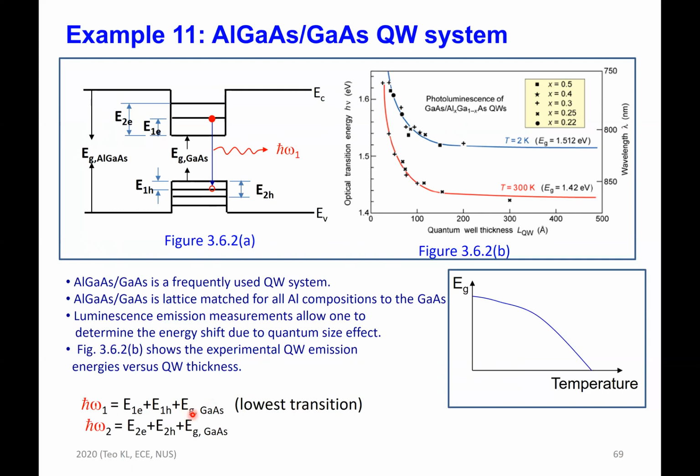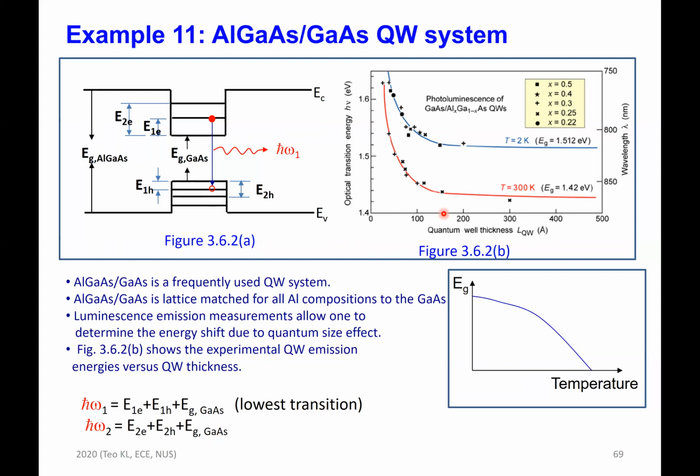If you want the first excited state transition energy, you can go from n equals 2 to n equals 2. Then you have 2E, 2H, plus the band gap energy.